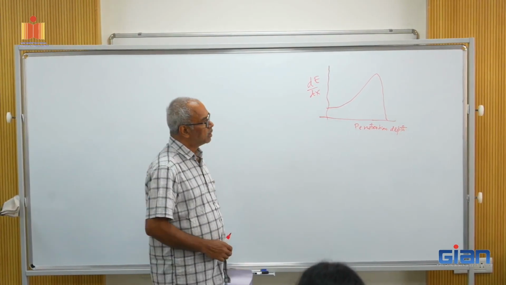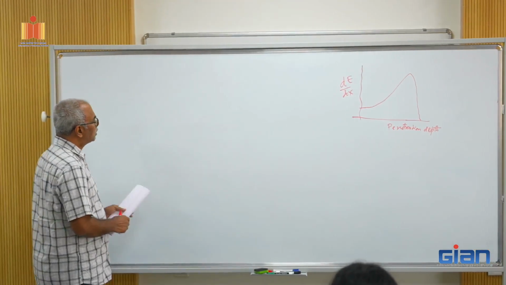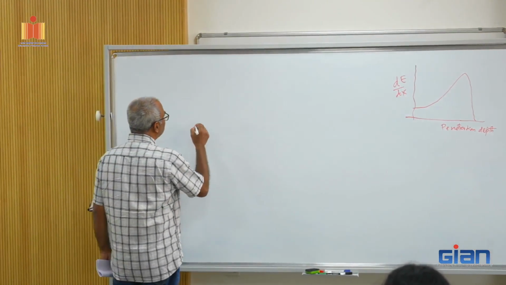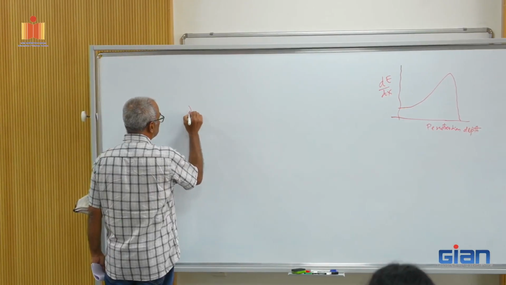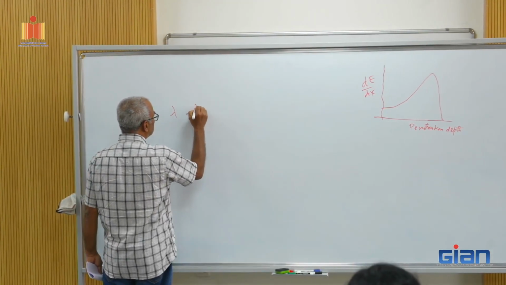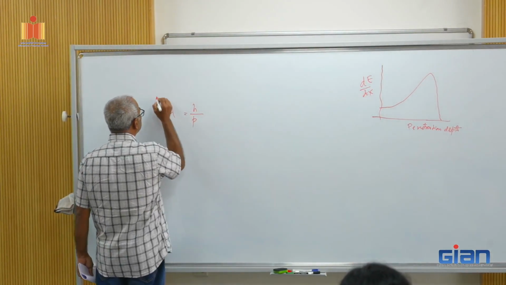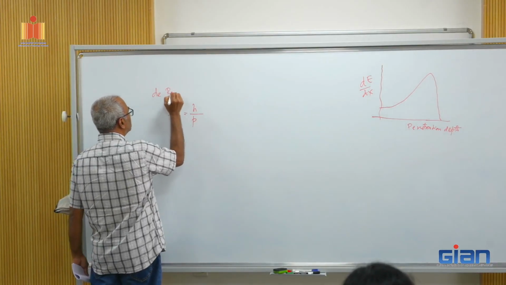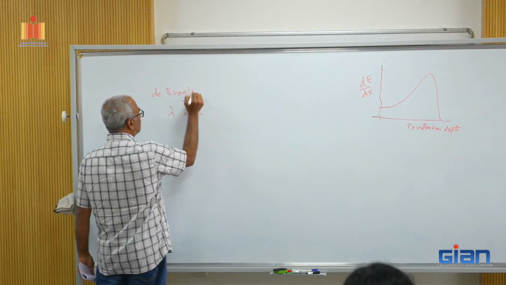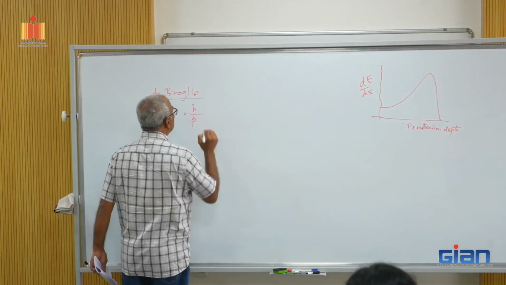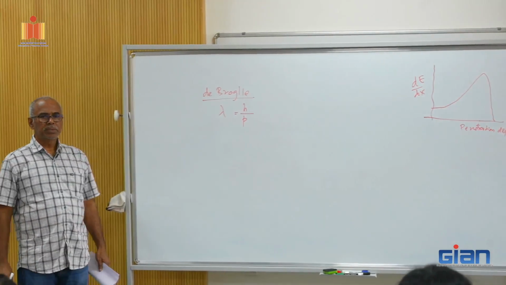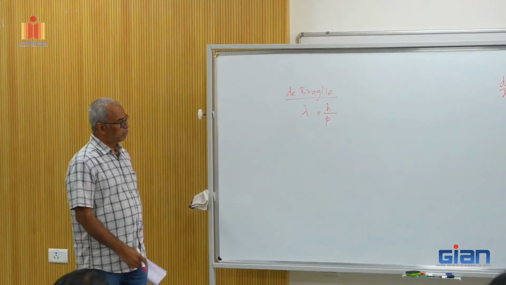Now we all know there is something called the de Broglie wavelength, right? So lambda equal to h over p. This is a famous relation all of us are familiar with.